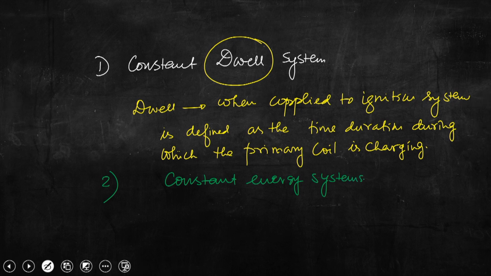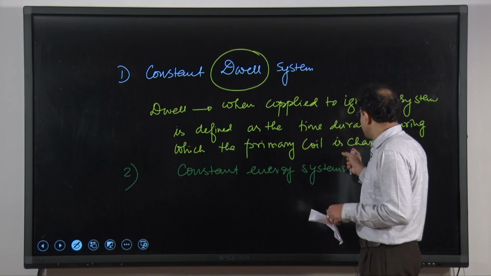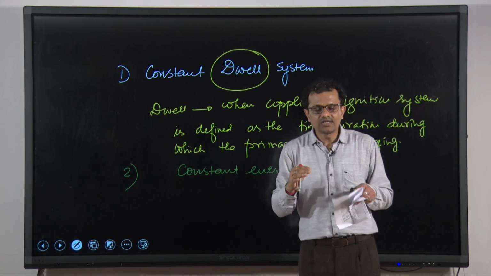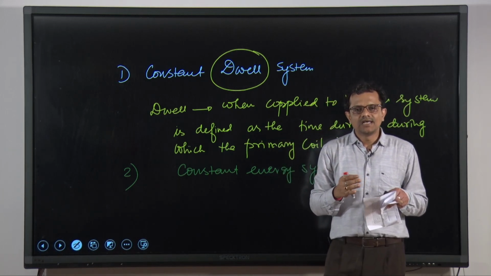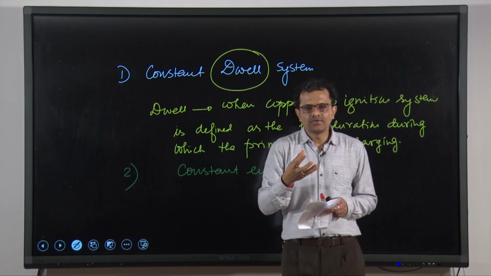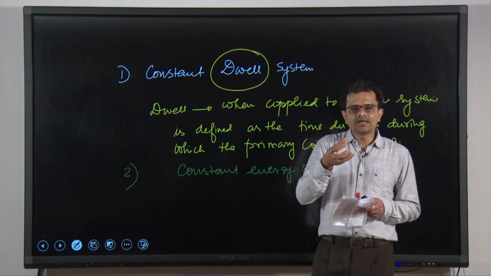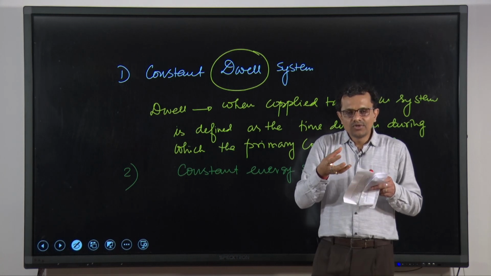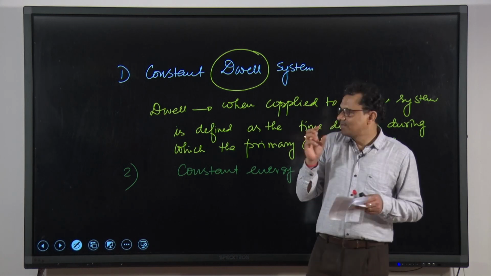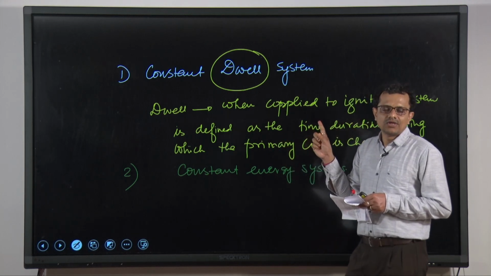In the constant dwell system, if we need the primary coil charging time to remain constant irrespective of the engine speed, certainly we have to have an alternative way out, so that the closing and opening of breaker points will not be there, rather the primary circuit would be controlled by an electronic control unit.